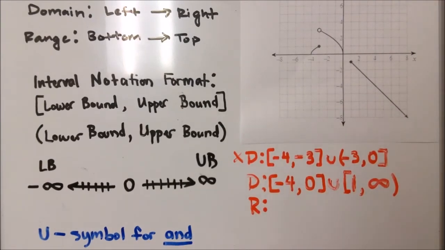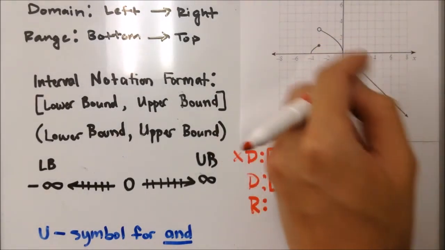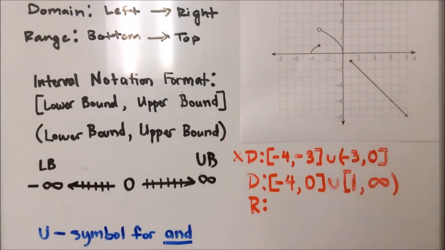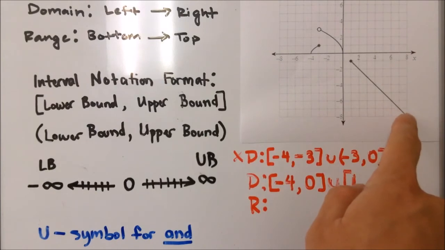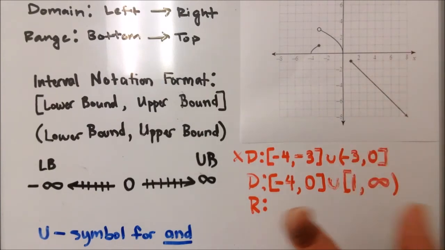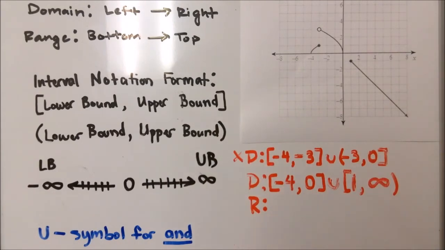We're going to start from bottom all the way to the top. That means we're going to start with the right graph here, since that's the lowest. We have an arrow here, so it's continuously going downwards. If it's continuously going downward, it's going towards negative infinity.